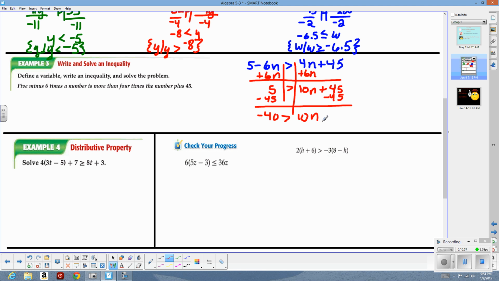And then the last thing we'd want to do is divide by 10. This time we're dividing by a positive, so we don't need to flip the symbol. We end up with negative 4 is greater than n. So it's all real numbers n such that n is less than negative 4.